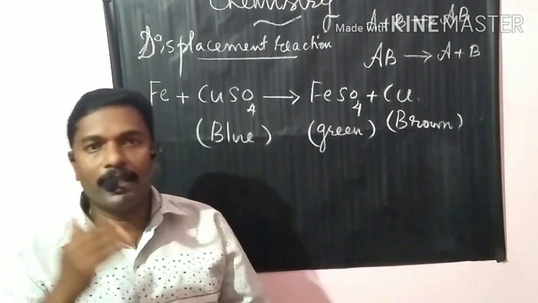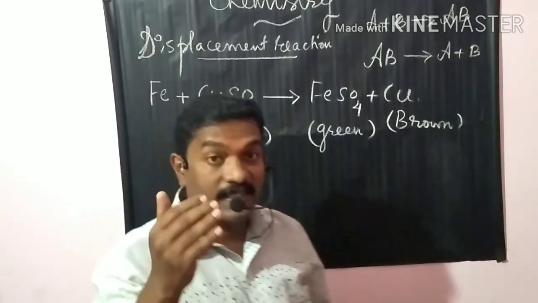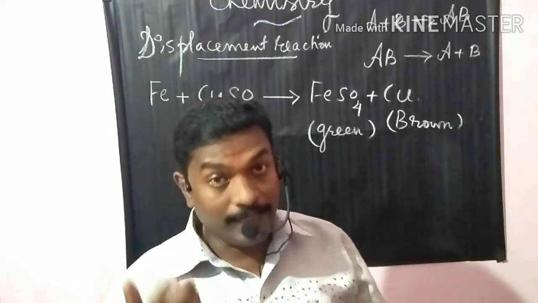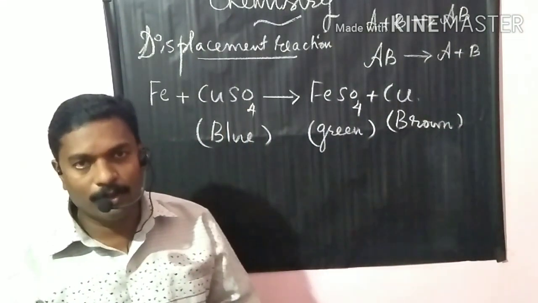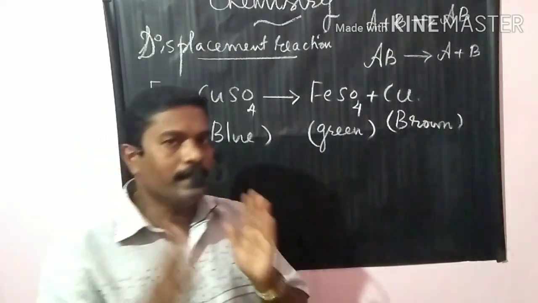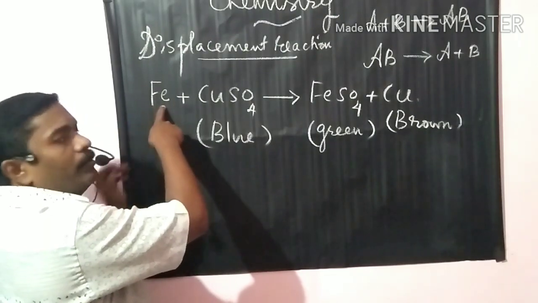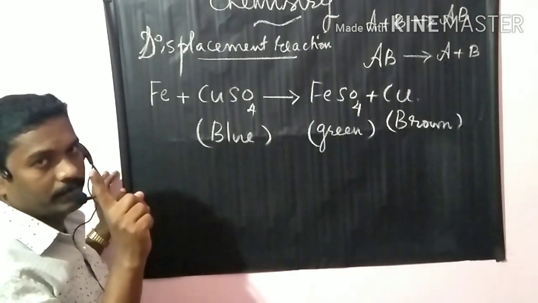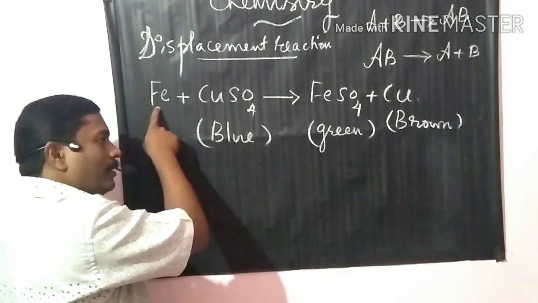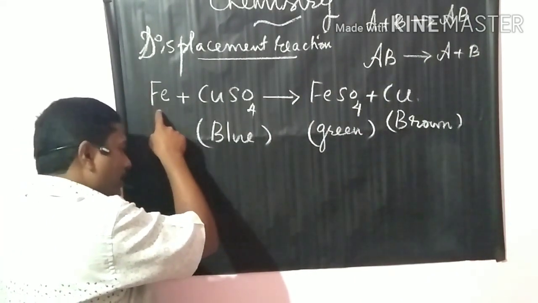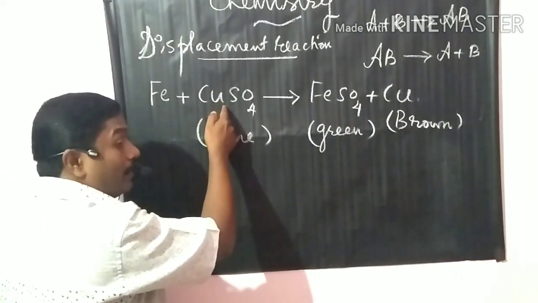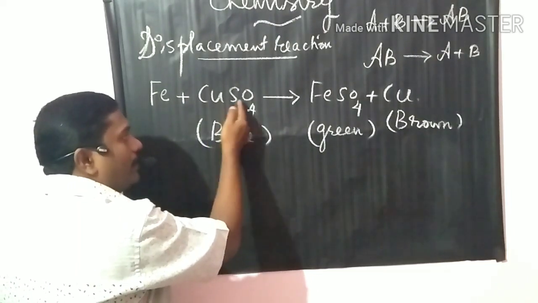So always a highly reactive metal is the main point you have to remember. Always this metal will be highly reactive, and that only displaces the less reactive metal from its salt solution.